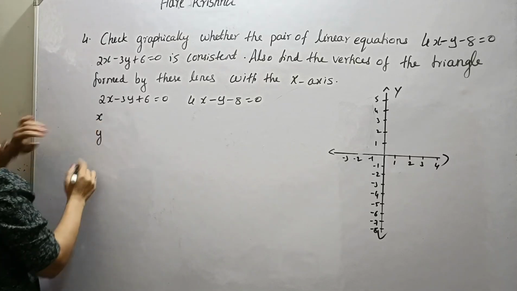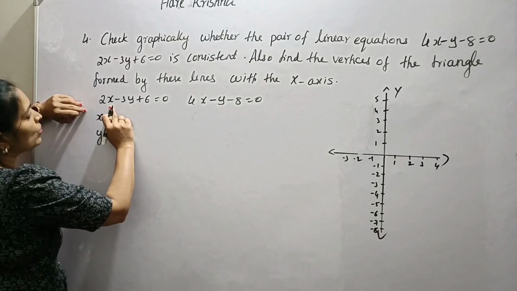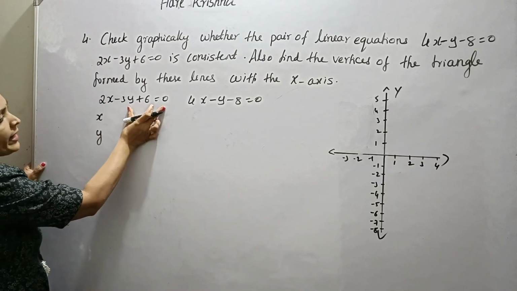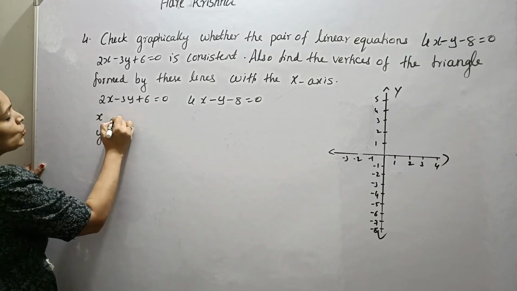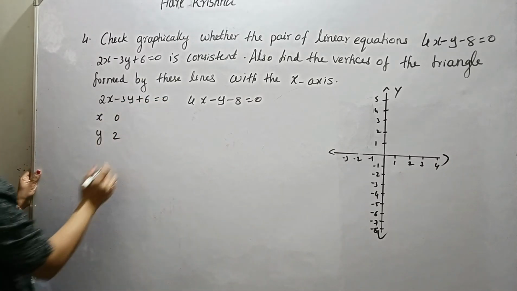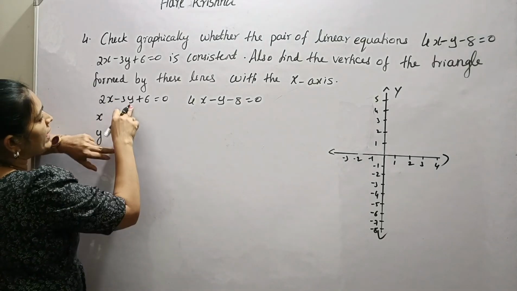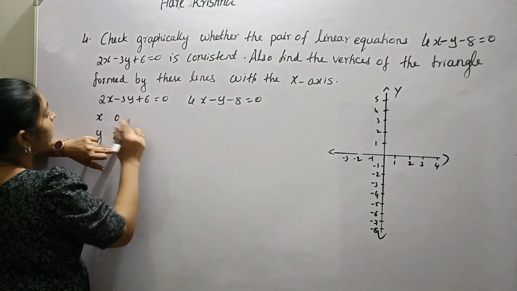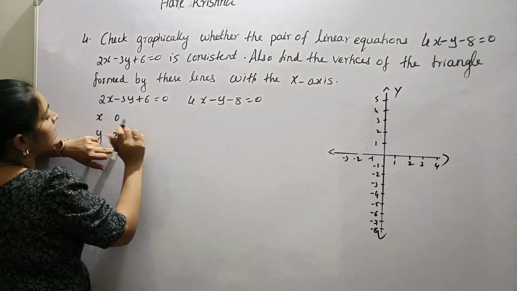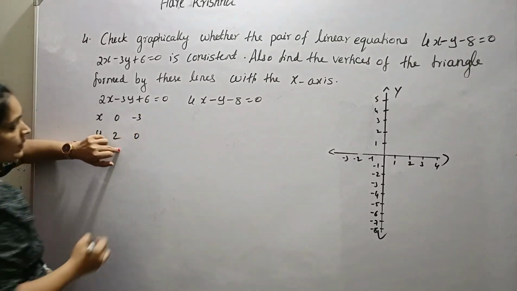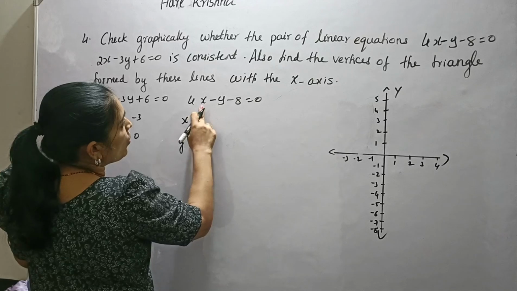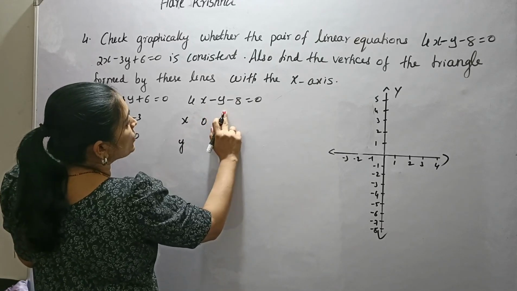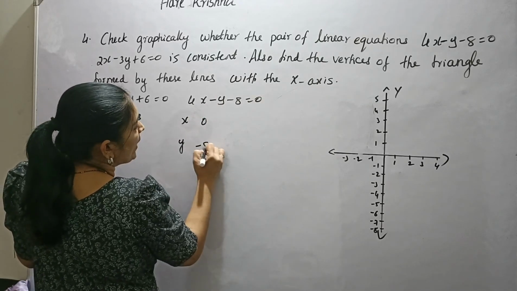X, y. Put x is equal to 0. What is y? That is minus 3y is equal to minus 6, so y is equal to 2, right? When y is equal to 0, 2x is equal to minus 6, so x is minus 3. And here, when x is equal to 0, we will get y is equal to minus 8.